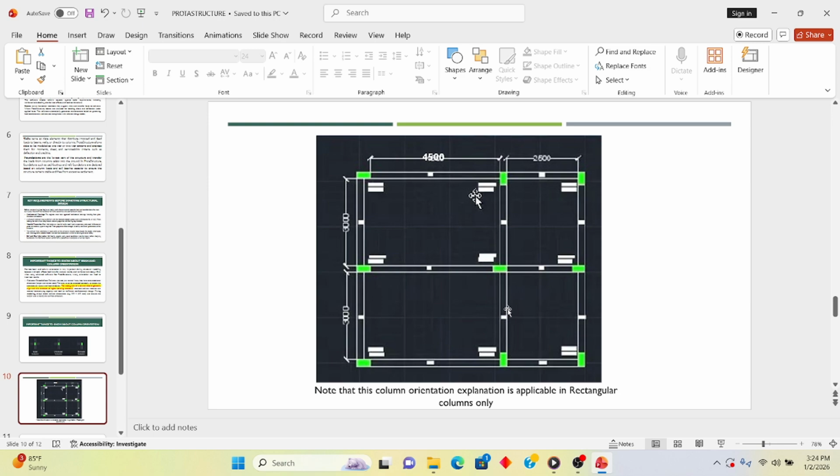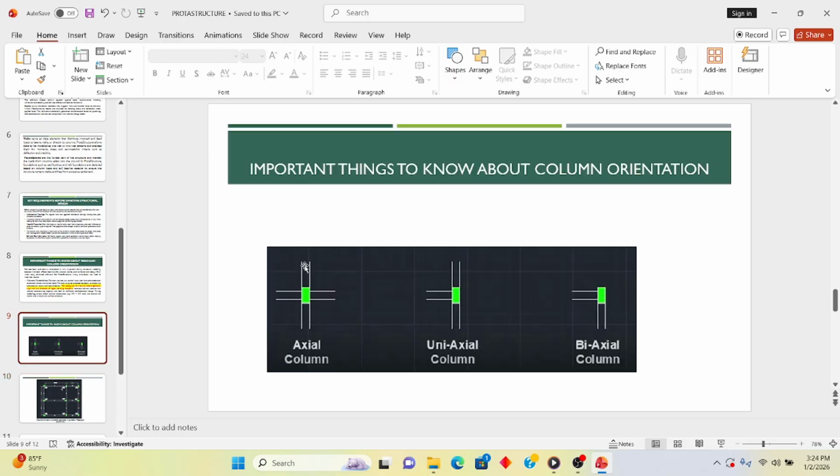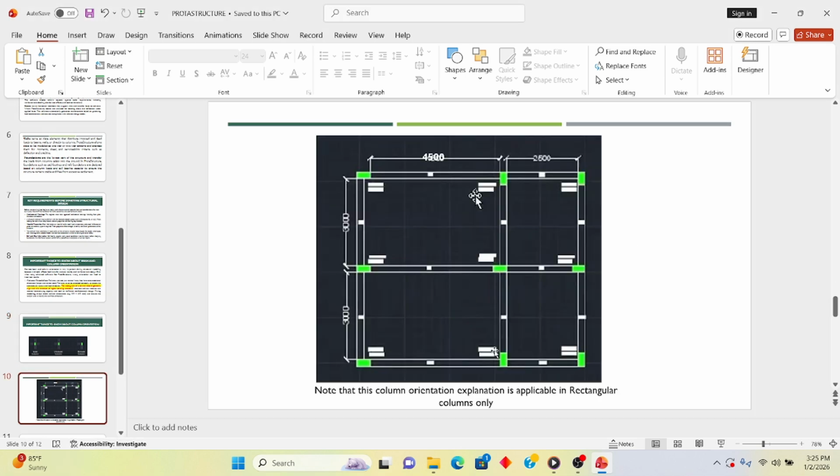Now, these two have countered, so there is no moment along this part. But when it comes to this one and this one, you will see that the moment exerted by this beam will be higher than the moment exerted by this beam, meaning that we cannot consider this one as an axial column because it is not having equal loads in all directions. There is only equal load in this direction and also in this direction.